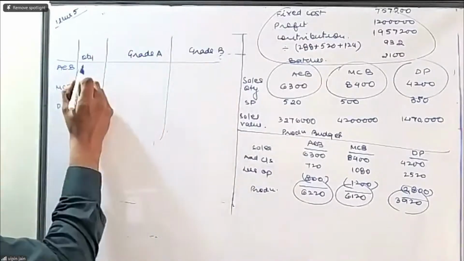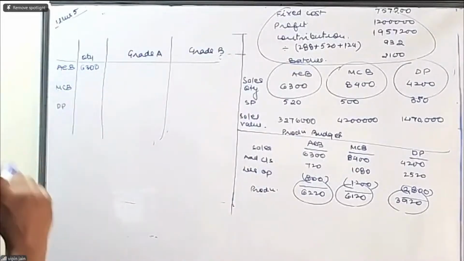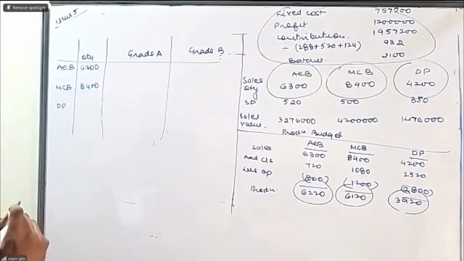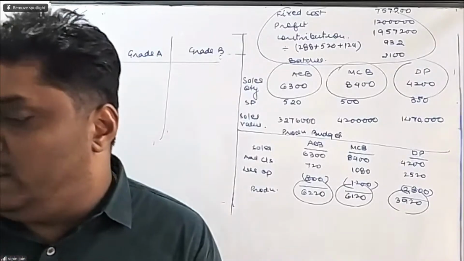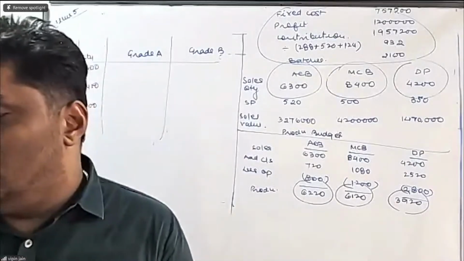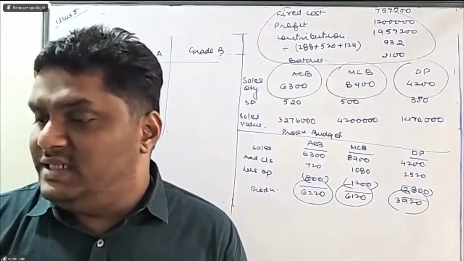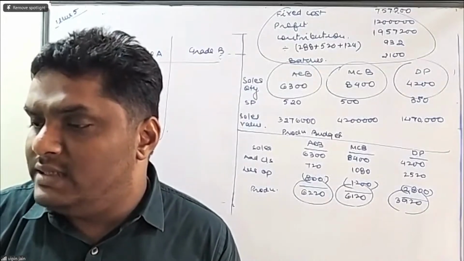We have the sales quantity ready with us: 6,300, 8,400, and 4,200. This is my sales quantity. Now see, the hours required are given in the question, that 1 unit requires how many hours?